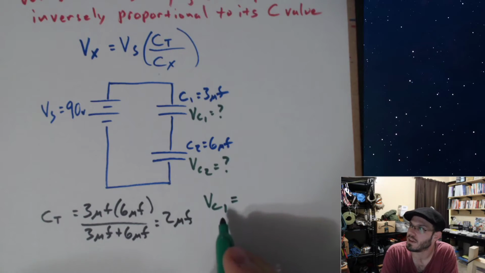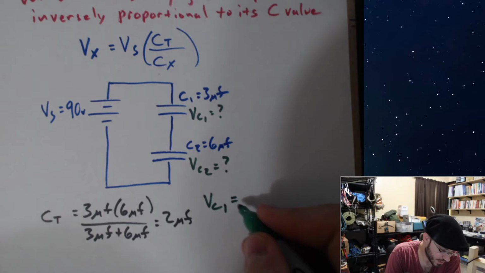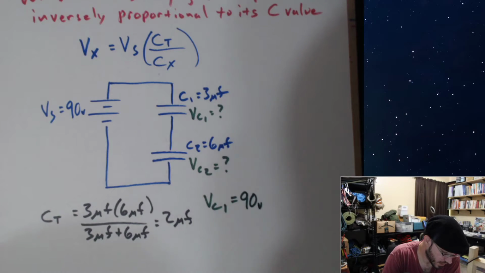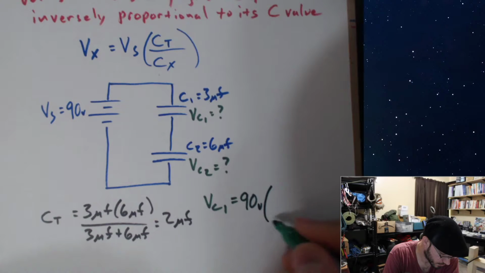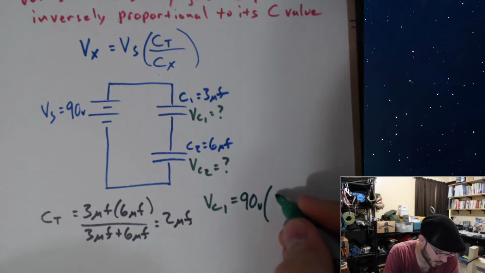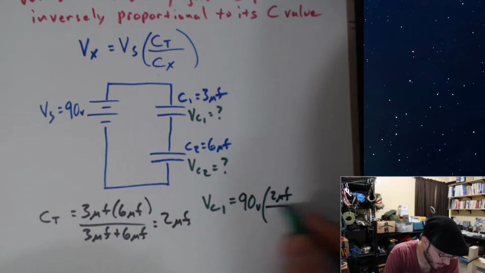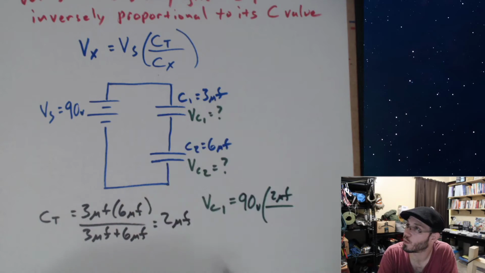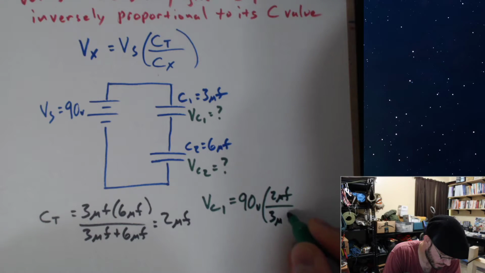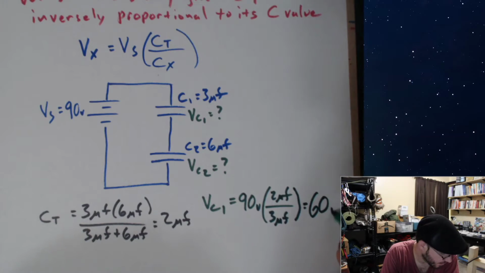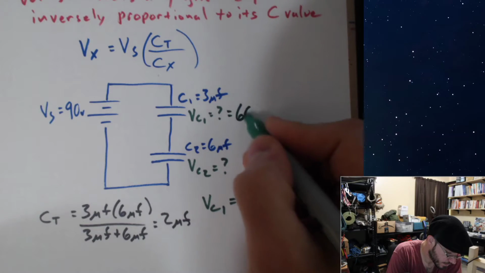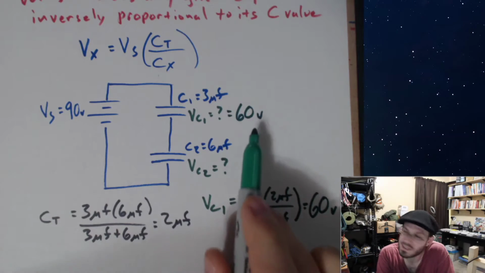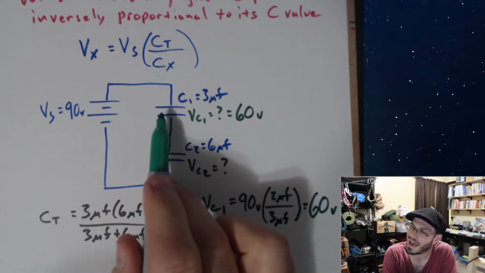You're going to get VC1 equals 90 volts times the total capacitance, which is 2 microfarad, divided by the capacitance value we're looking for, which is going to be 3 microfarad. What you're going to get is 60 volts. So we developed 60 volts across the first cap.